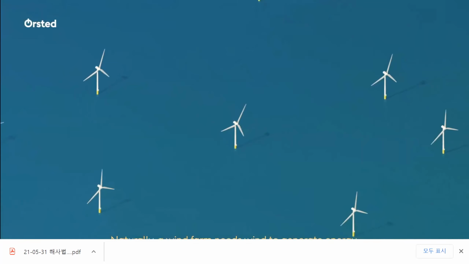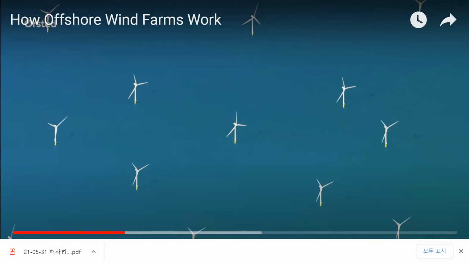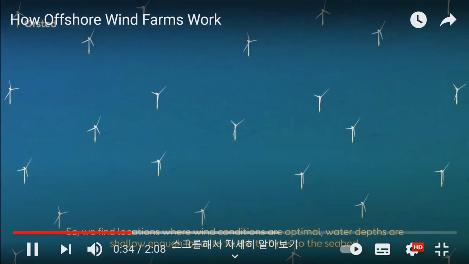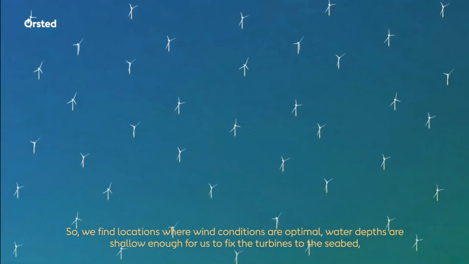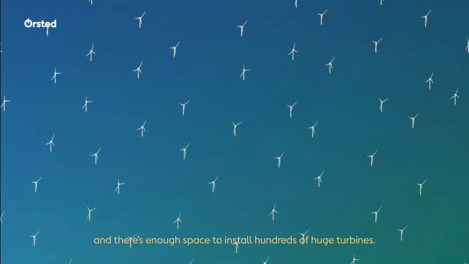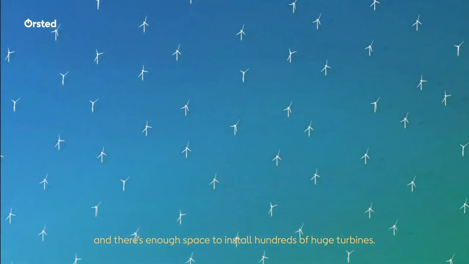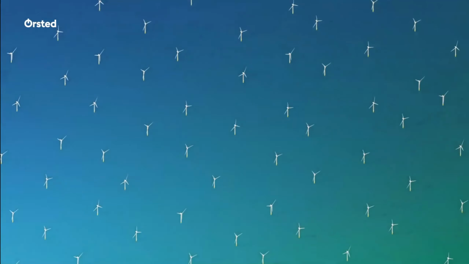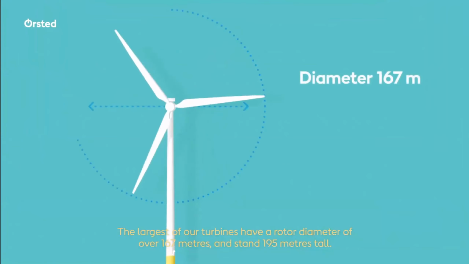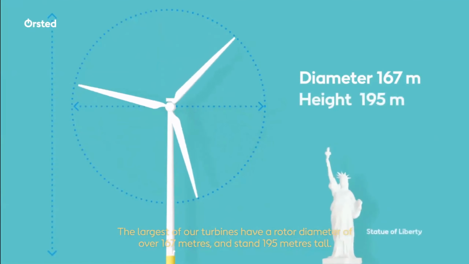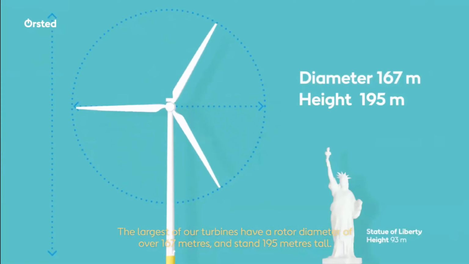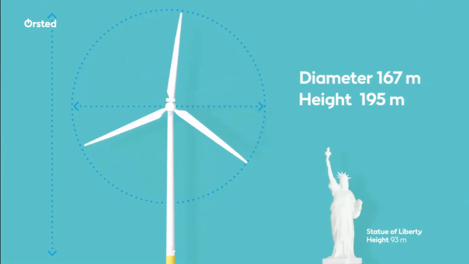Naturally, a wind farm needs wind to generate energy. So we find locations where wind conditions are optimal, water depths are shallow enough for us to fix the turbines to the seabed, and there is enough space to install hundreds of huge turbines. The largest of our turbines have a rotor diameter of over 167 meters and stand 195 meters tall.